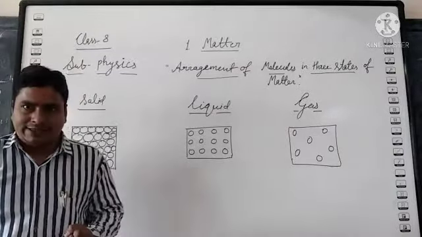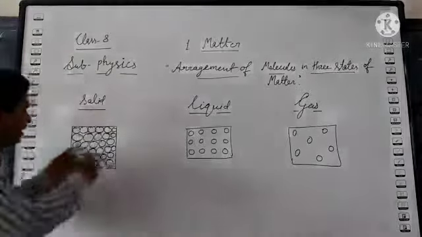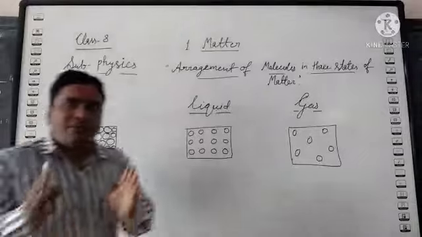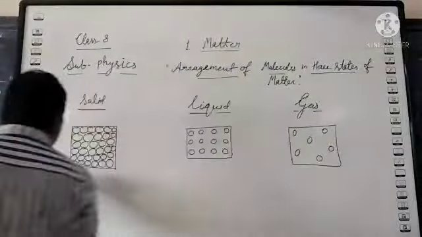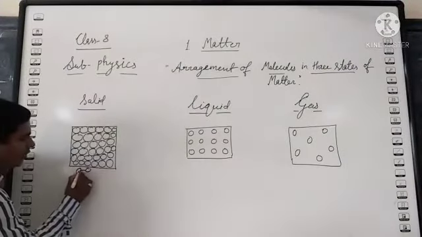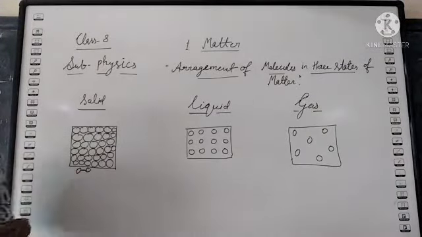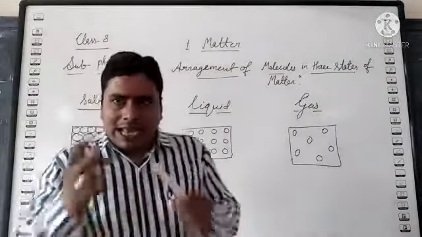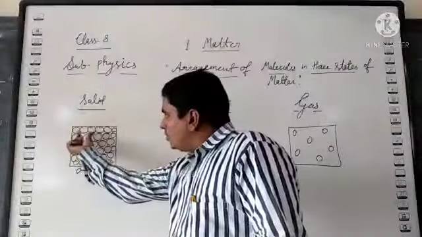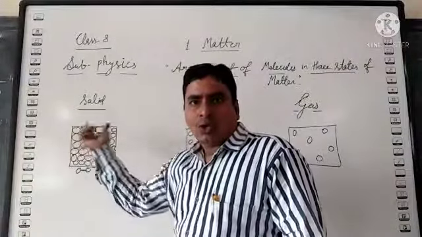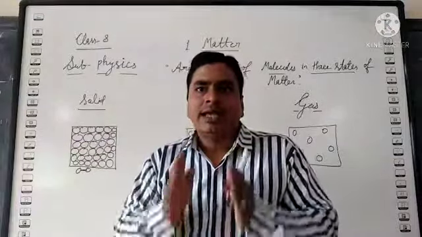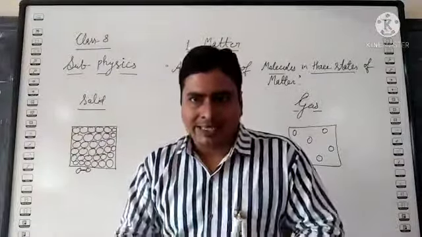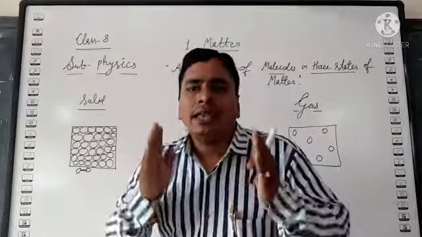It means the intermolecular force of attraction between two molecules is very strong, and the molecules become very closely packed. The space between the molecules, the intermolecular space, is very less.